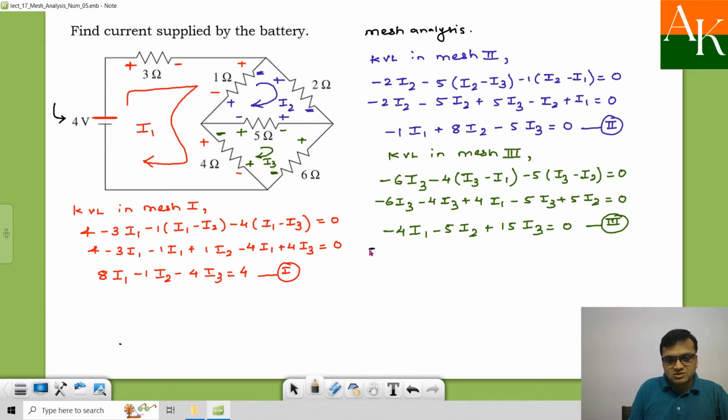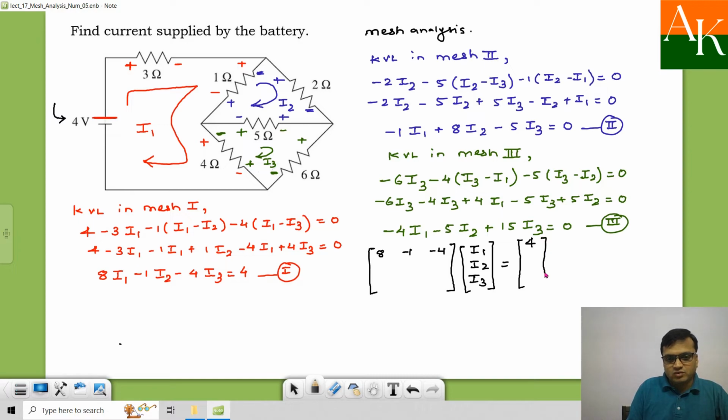In matrix format, this will lead to 8, minus 1, minus 4, with I1, I2, I3, and here I will have 4. Writing the equations in matrix format, one can easily check just by looking at the circuit.